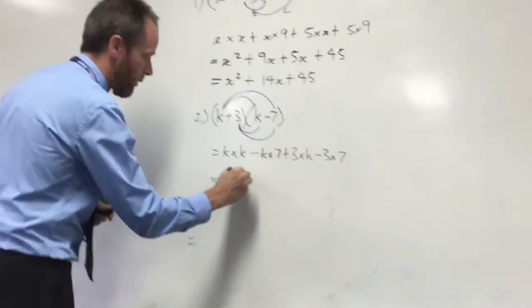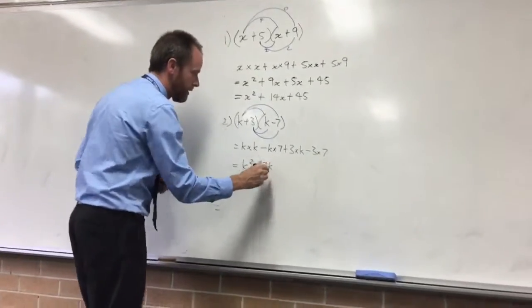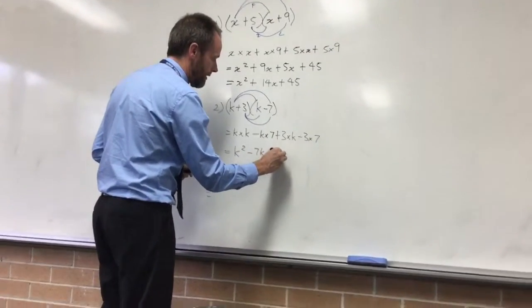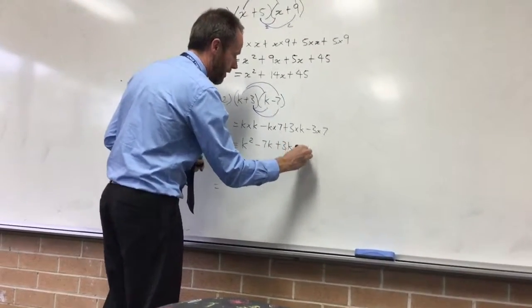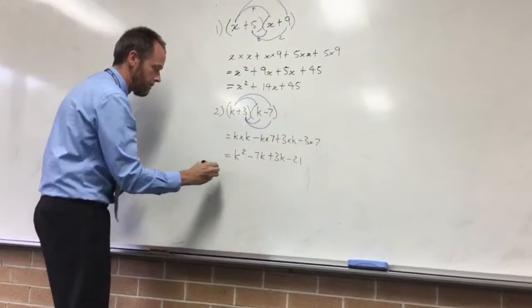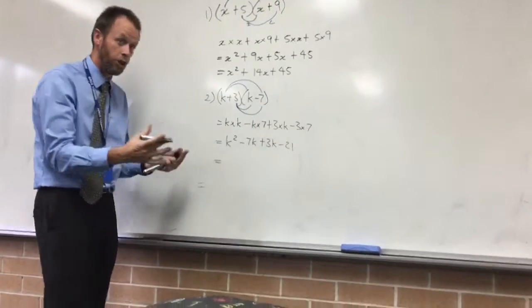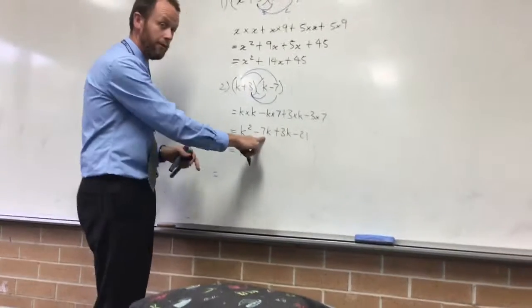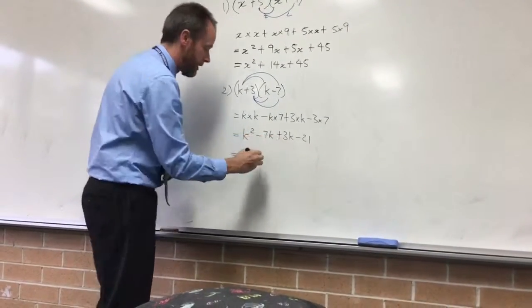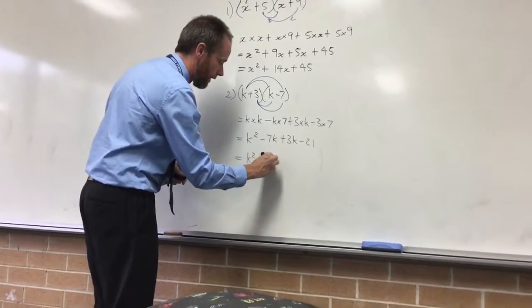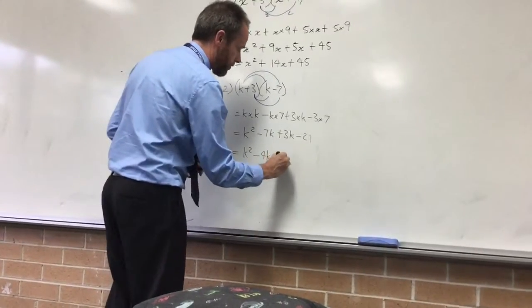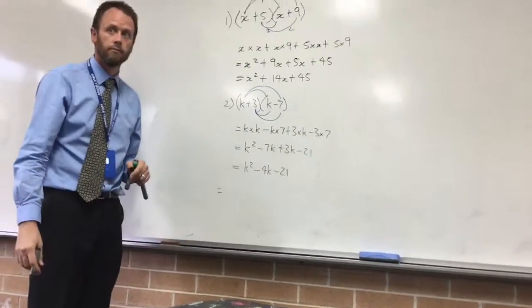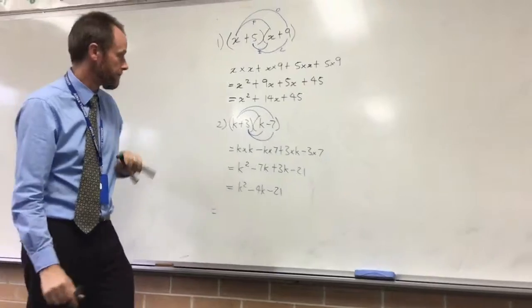Simplify again, K squared minus 7K plus 3K minus 21. But I've still got 2 K's there in the middle as different terms. Let's put them together. K squared minus 7 plus 3 gives me minus 4K minus 21. I've moved a bit quicker.